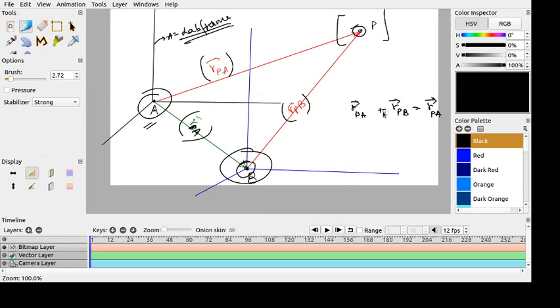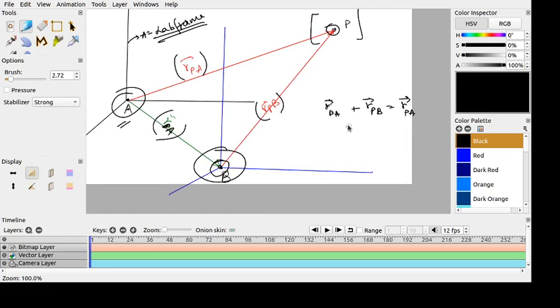So just take a look at this equation here. We can modify it.